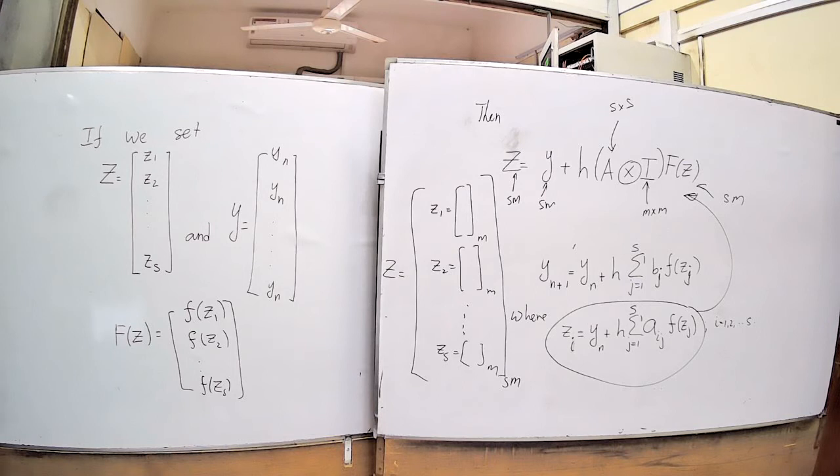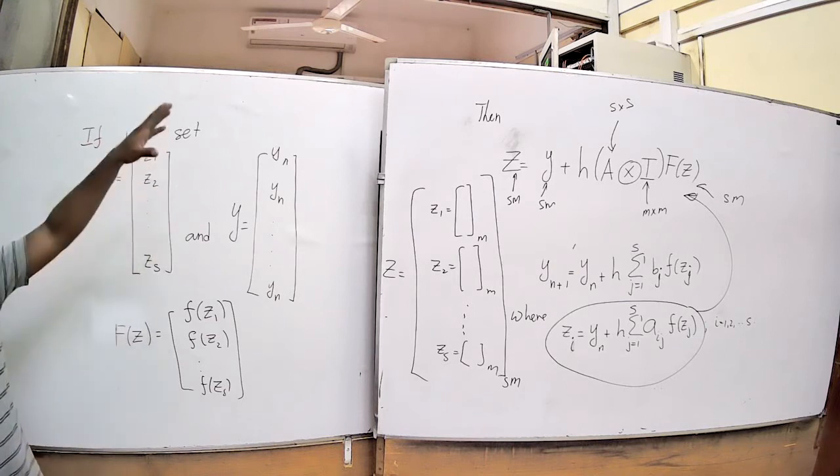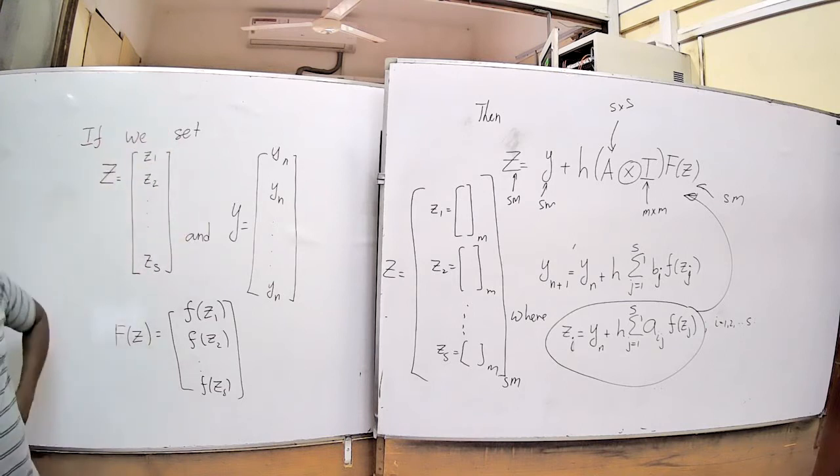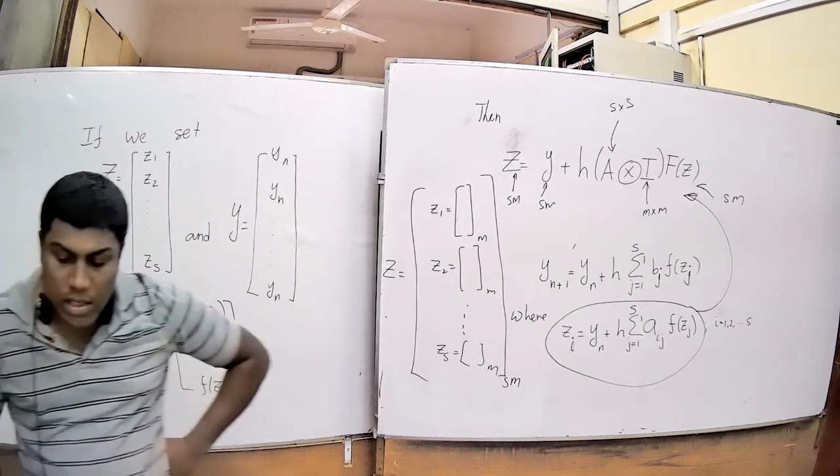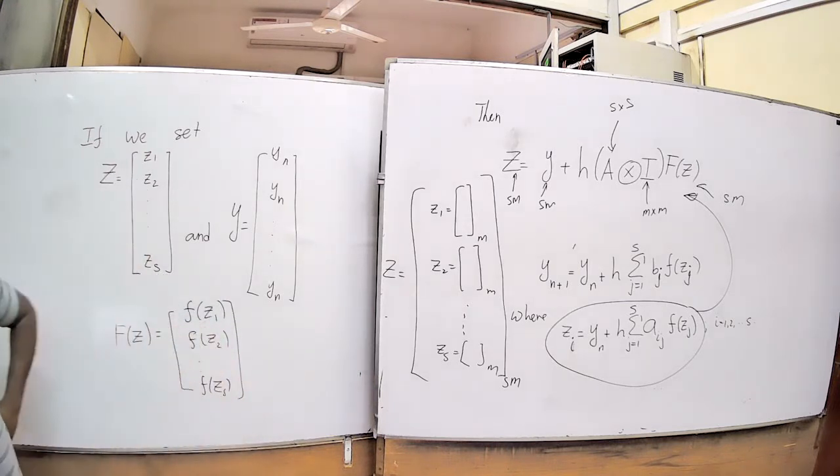So eventually you will get a column vector at the end when you add up all the things. That is how we denote this whole set of S equations as a single matrix equation. The reason for doing this is just to write things in a simplified form, and that is what we are going to see next.